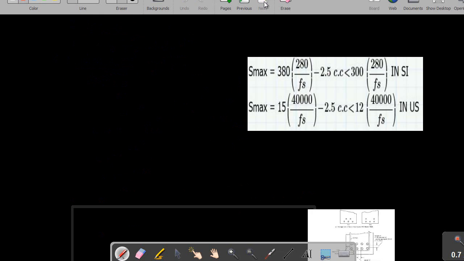So we will calculate S max. This is the equation, which we have already discussed in previous parts. First of all, we need to find Fs, and Fs equals 2/3 of Fy, that is for 60 ksi steel.